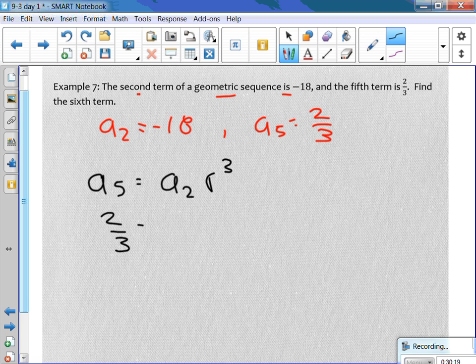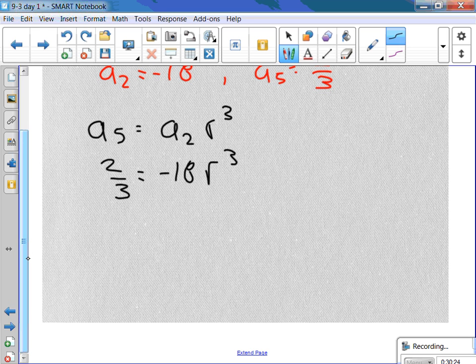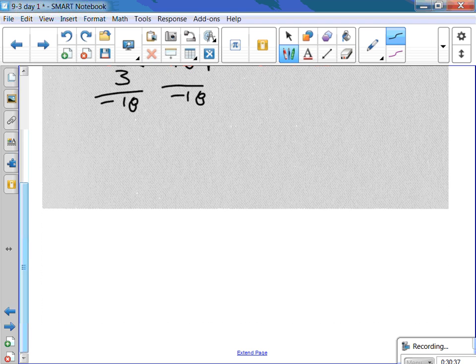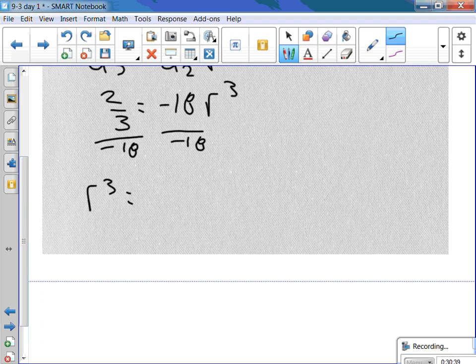So folks, what do we do now? Again, dividing is the same thing as multiplying by the reciprocal. What's that, folks? Negative 1 over 27, right? Yes, no? So this is what r cubed is, so what do I do now?